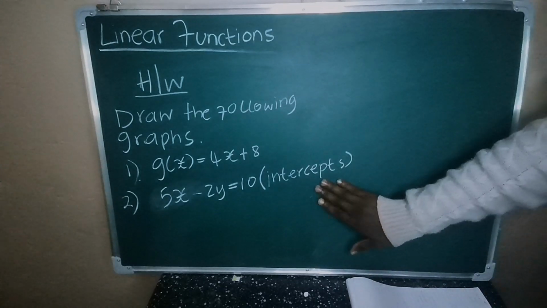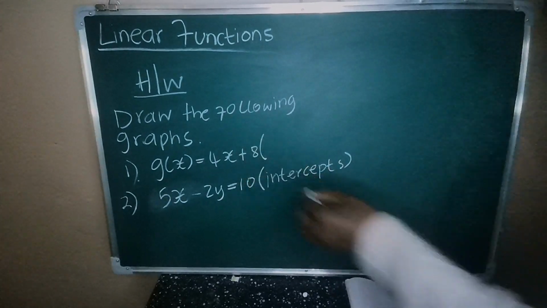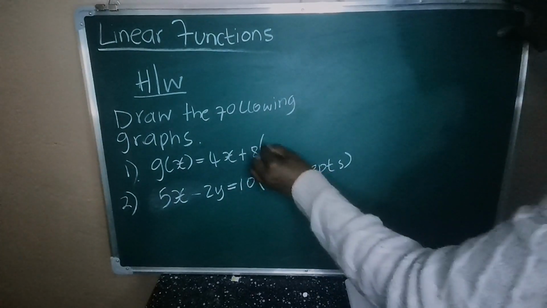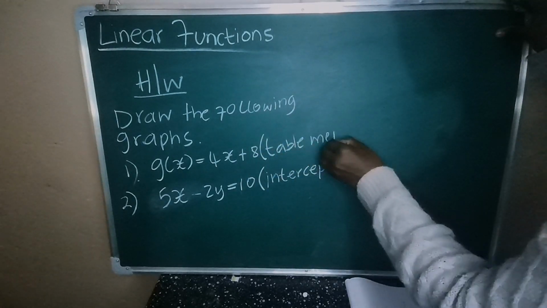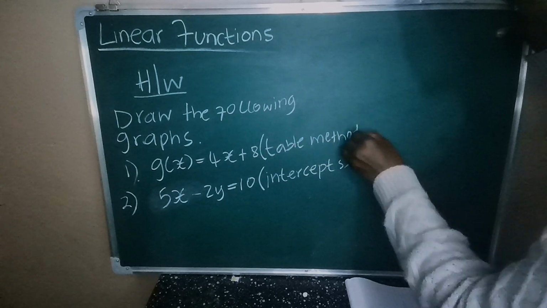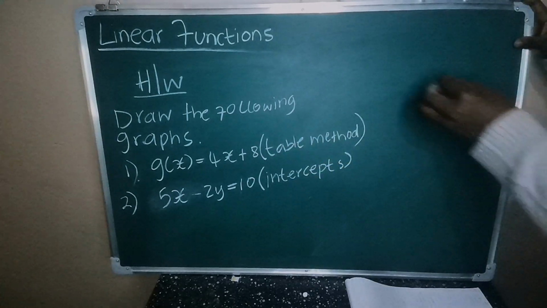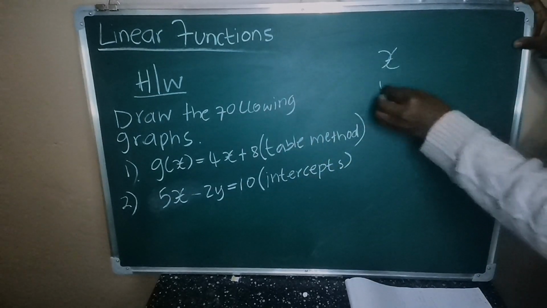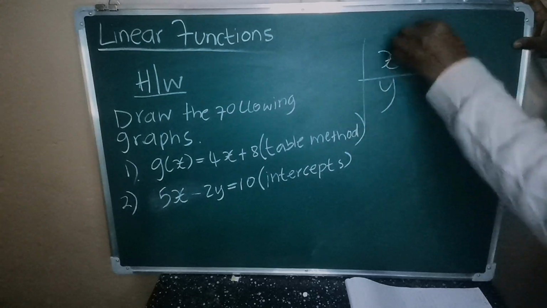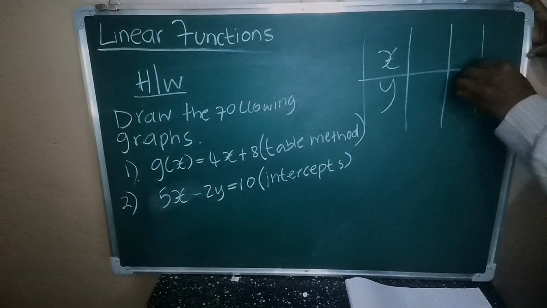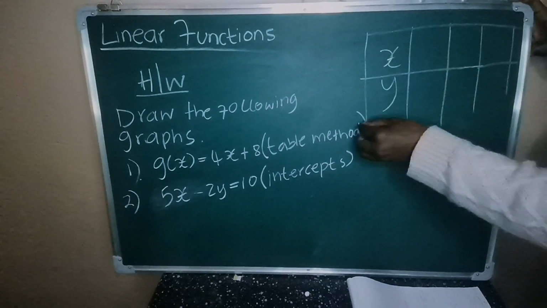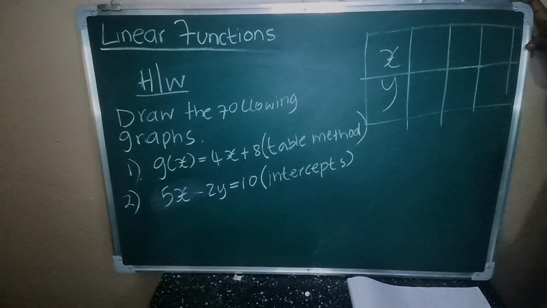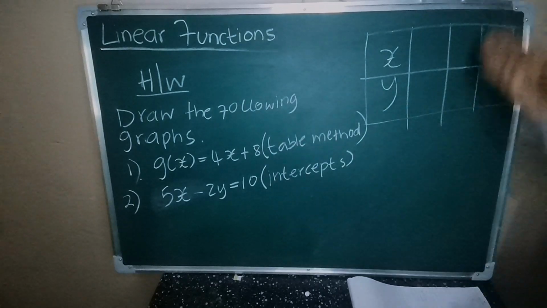You just find the intercepts to draw the graph. Then this one you find by using the table method. Draw a table of x and y. Then when we pass the x coordinates, we put x coordinates that go from negative to positive.